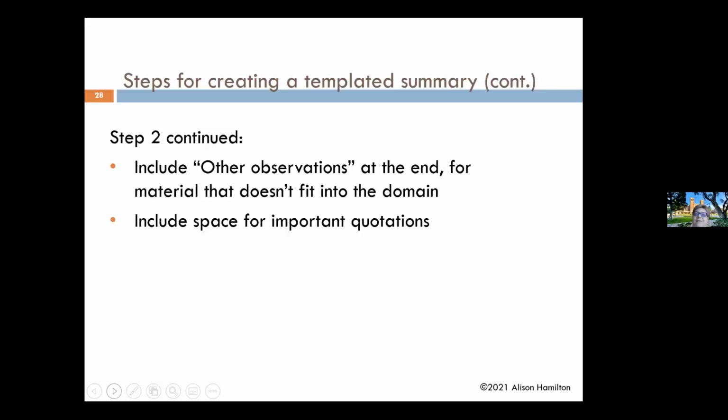Now, there's a lot of variation on this. What I've observed with people doing this process who are not as familiar with working with qualitative data is they may not be as confident about identifying important quotations. So I don't put it as a required piece of this process, because some are going to be like, I know exactly what goes there, and then other people are going to be like, I don't know, maybe this is important, maybe it's not.